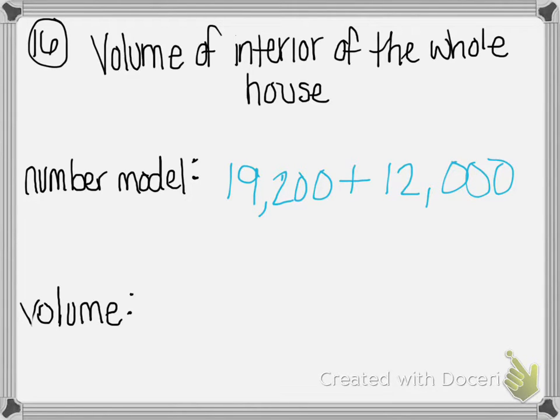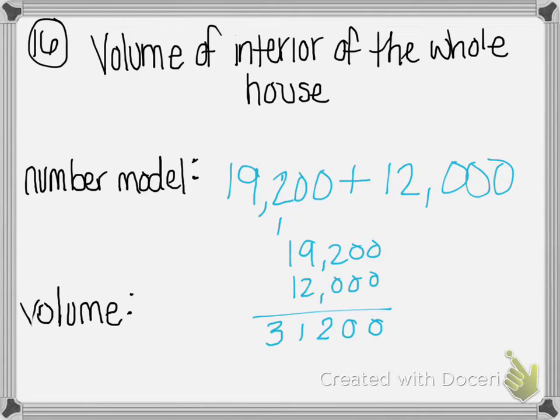So to find the volume of the whole house, we just need to add those two together. 0 plus 0 is 0, 0 plus 0 is 0, 2 plus 0 is 2, 9 plus 2 is 11, 1 plus 1 plus 1 is 3. So the volume of the whole house is 31,200 feet cubed.